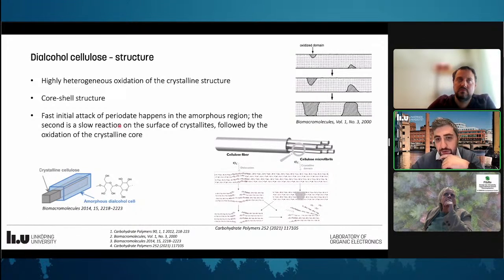But if you have a region where all the oxidation happens at one place, and after that you have a long crystalline region between those two places, then the system will be dominated by the crystalline regions. And anyway, the fibers have this amorphous region. So if we make it more amorphous with dialcohol cellulose, then our system will be determined by the strongest interactions that are between the crystalline parts, I think.